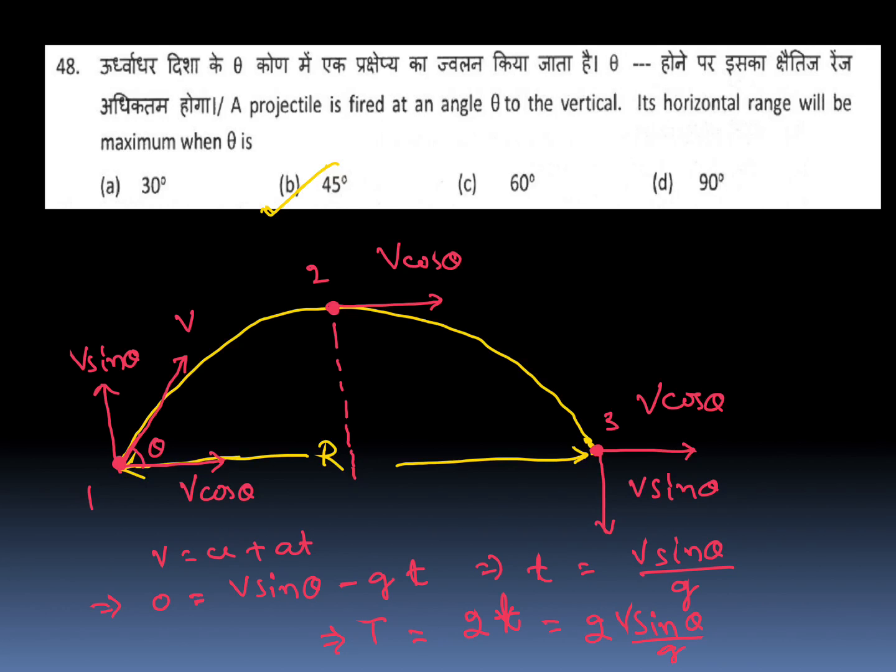Then you know distance is speed into time. Speed is distance by time, so distance is speed into time. Your range is in the horizontal direction.